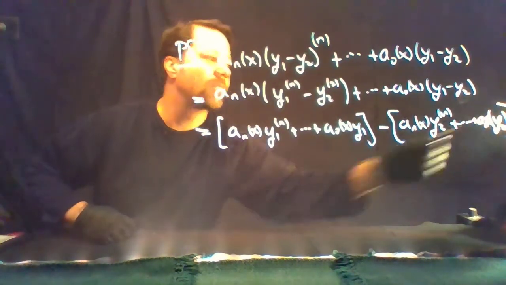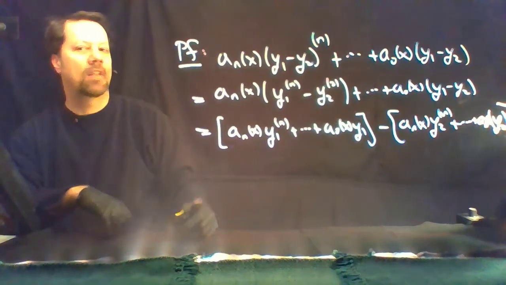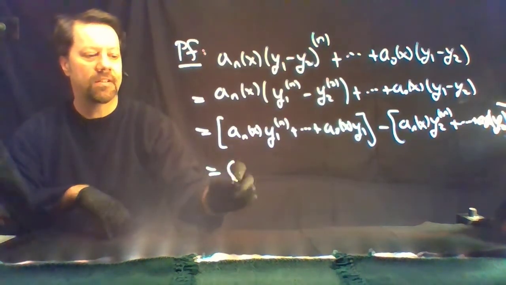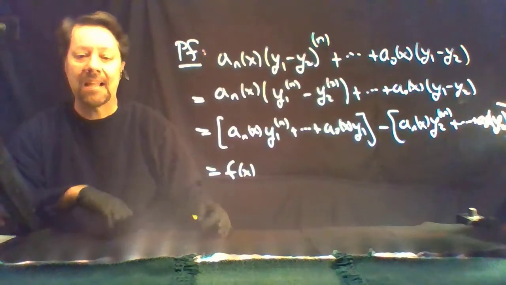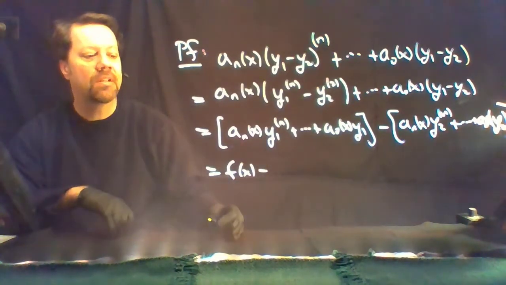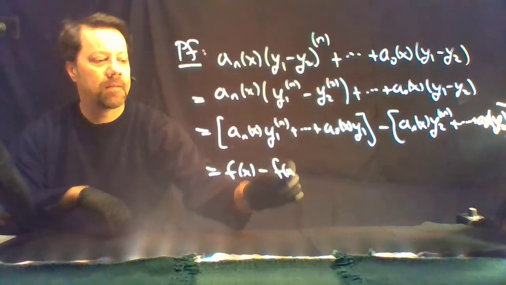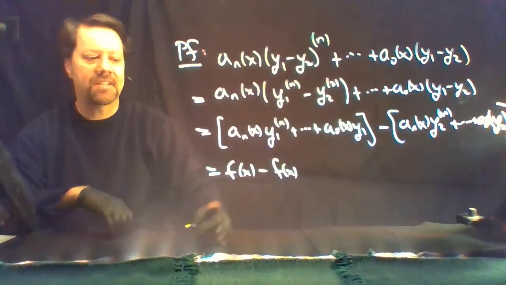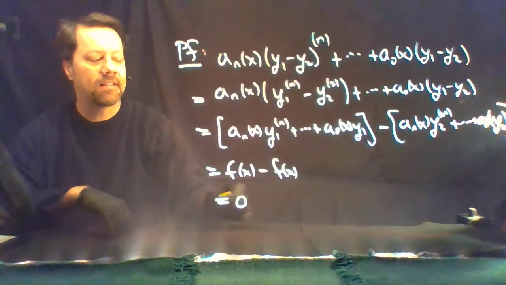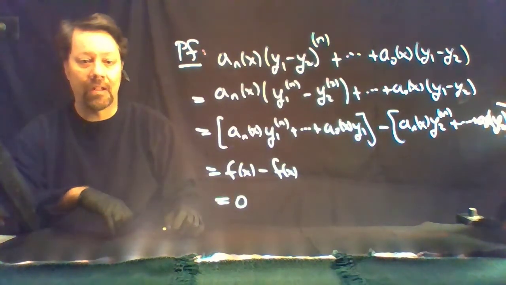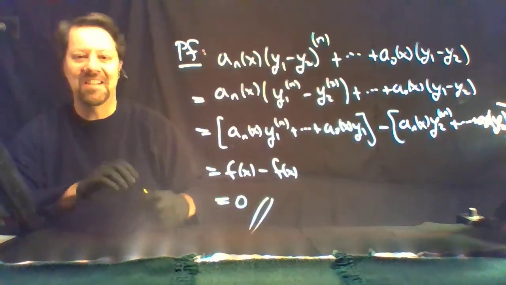Each of these solves the non-homogeneous equation, which means that each of them results in f of x. And so you get f of x minus f of x, and that equals 0 for all x. That is the end of the proof.